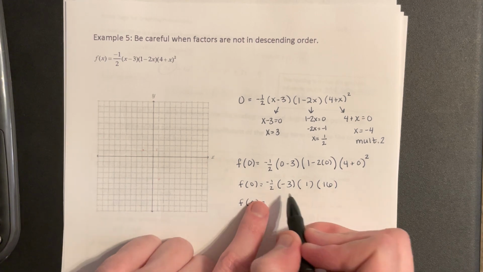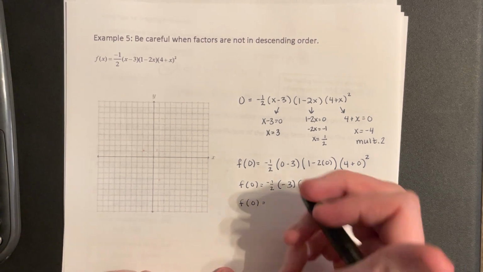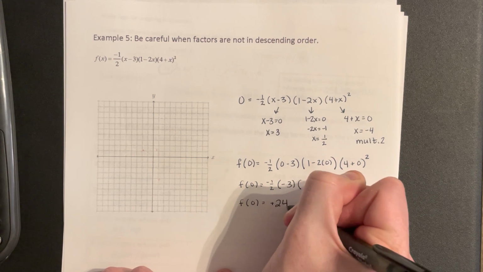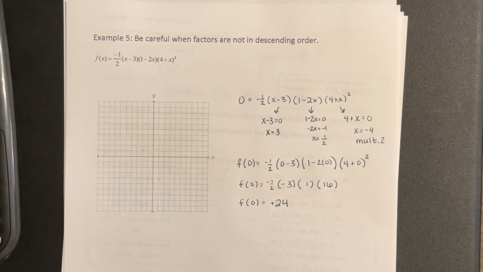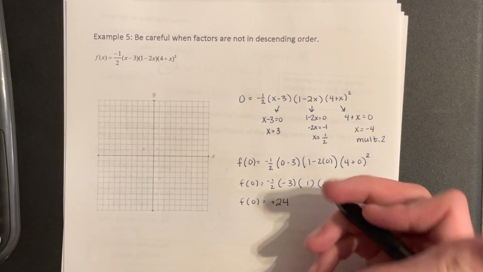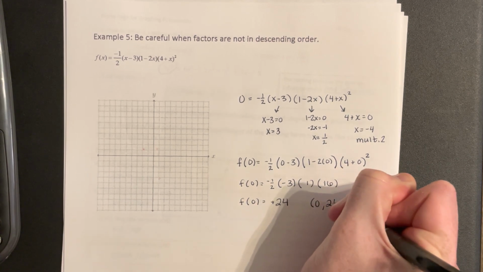So let's see, 16 times 3 is 48. Half of 48 is going to be negative 24. Whoops, a positive 24 because a negative times a negative. That means that we're going to have to change our y-axis, but that's okay. The last thing we need is that leading coefficient. So let's write that out, 0, 24.